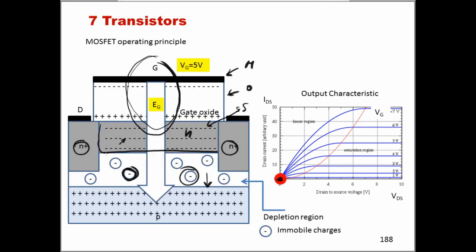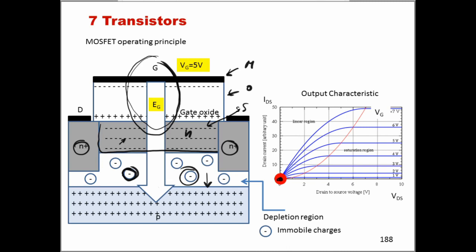As we said previously, we also have a lot of immobile charges. And as I explained previously, if we were to count those immobile charges, they would be many more than the negative charges that are actually forming the channel.